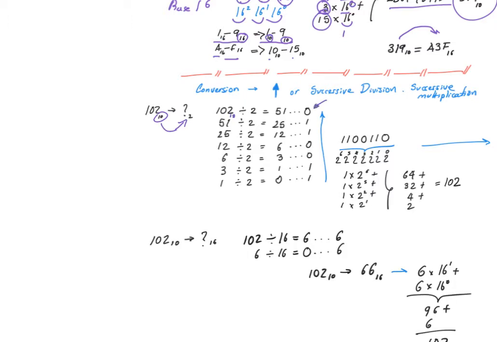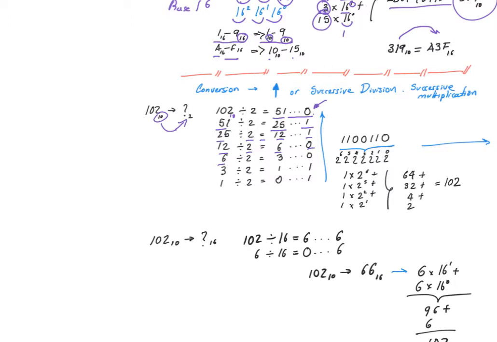I notice what the remainder is. So 102 divided by 2 is 51 with remainder 0. And I continue. And I keep track of the 0, and then I continue. 51 divided by 2 is equal to 25, remainder 1. 25 divided by 2 is equal to 12, remainder 1. 12 divided by 2 is 6, remainder 0. And so on and so forth.